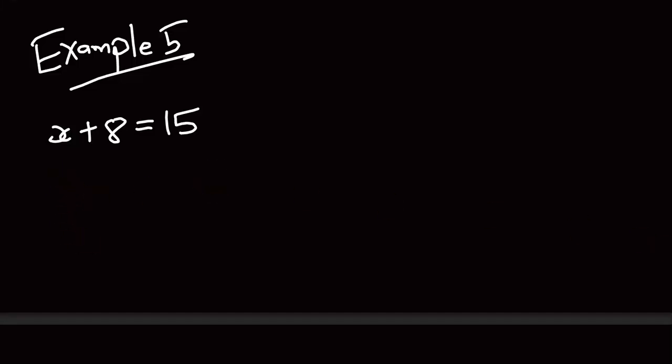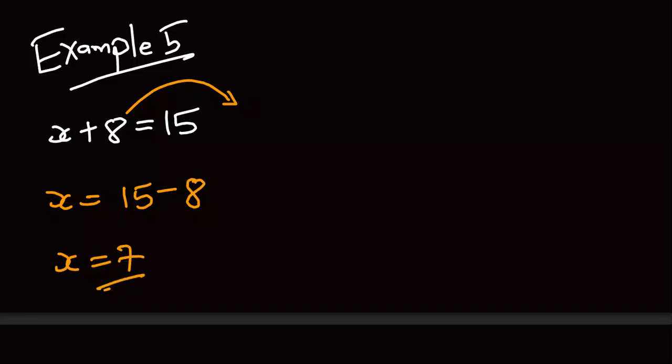So this is what we are going to have. x will be equal to 15. We take the positive 8 to the other side. It will change sign to negative. Therefore, minus 8. So 15 minus 8 is 7. Therefore, our value of x will be 7.